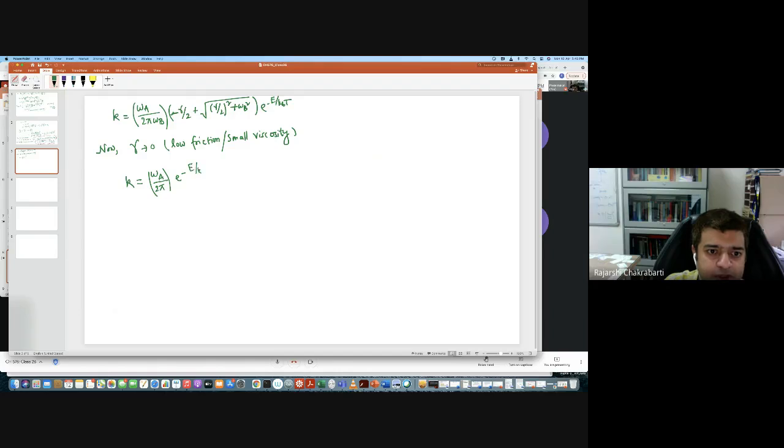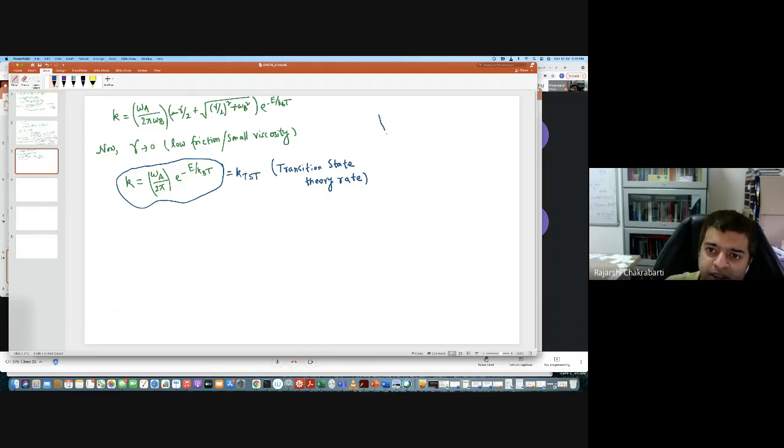And do you know this expression? How many of you know this particular version of what is known as transition state theory? This is nothing but the transition state theory result. How many of you know this transition state rate?